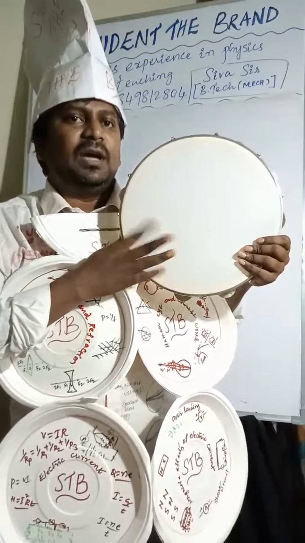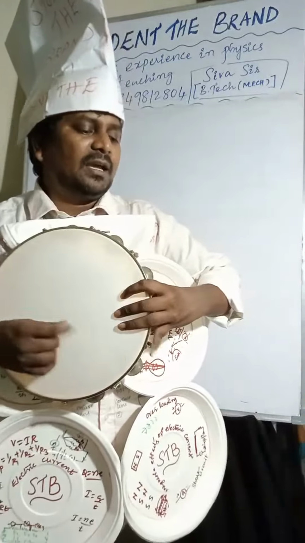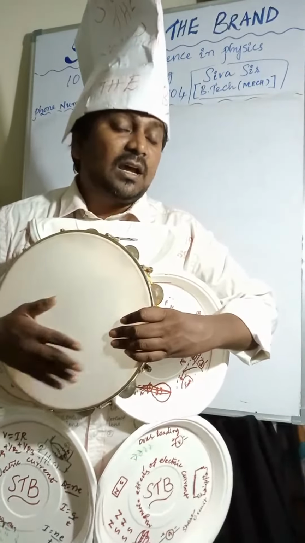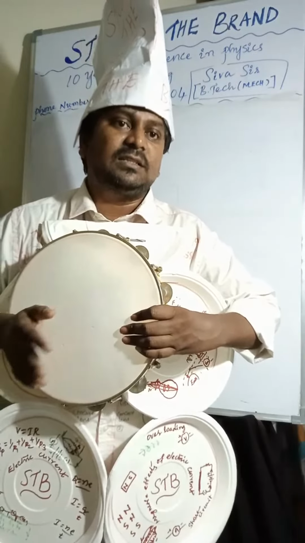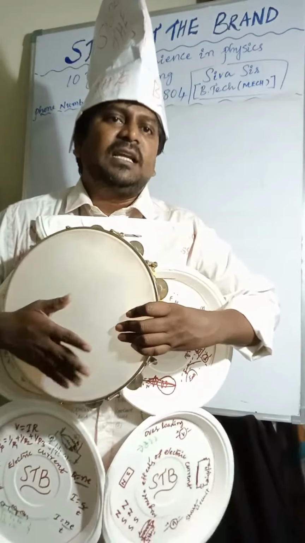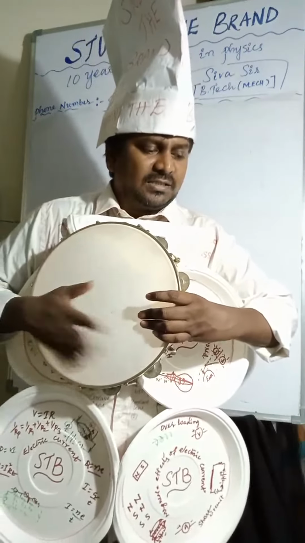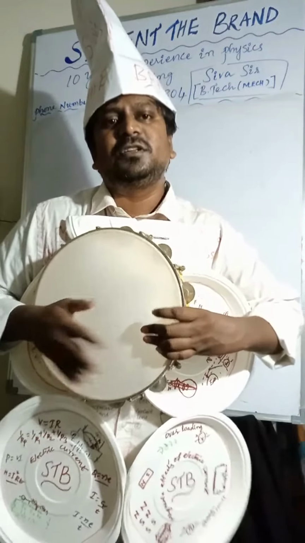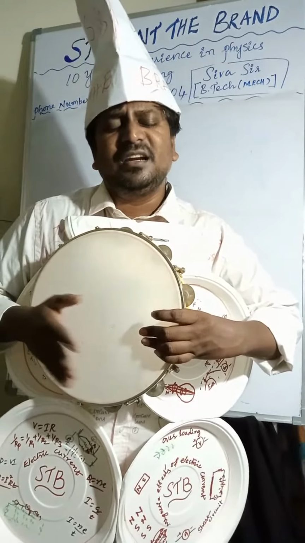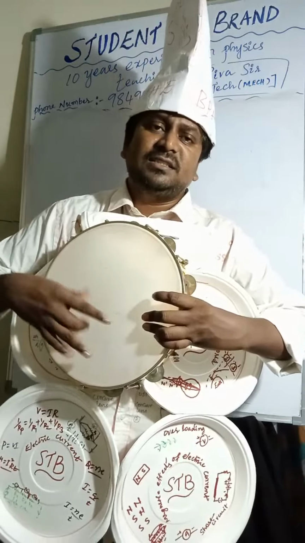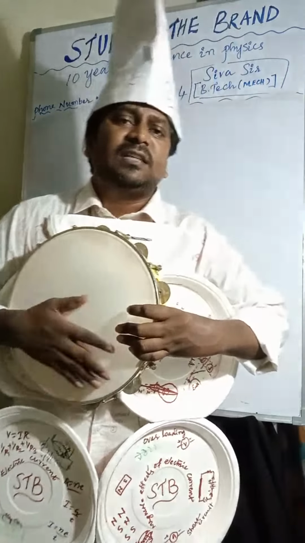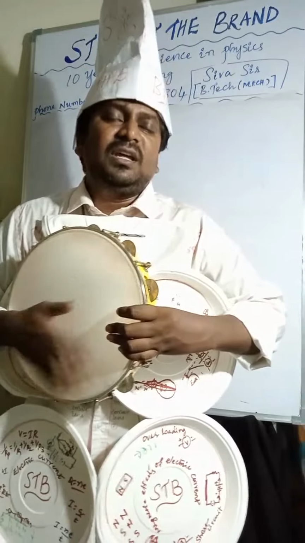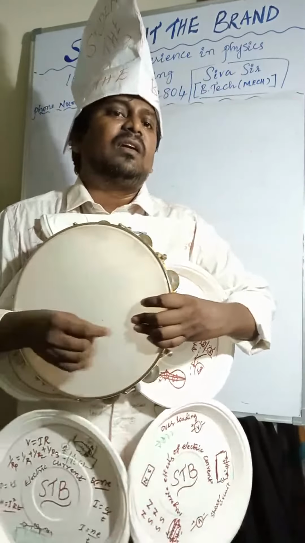Distance is positive along the incident ray, and negative opposite to the incident ray. Distance is positive above the principal axis, and negative below the principal axis.